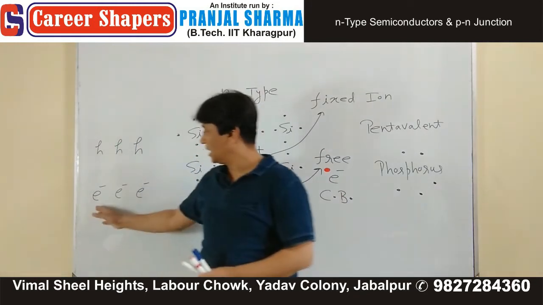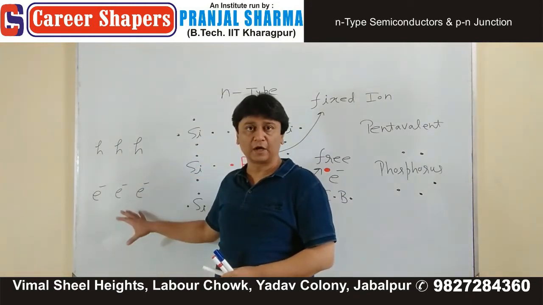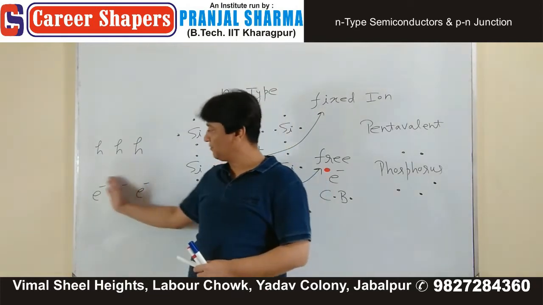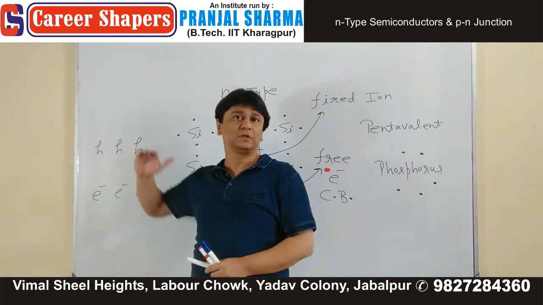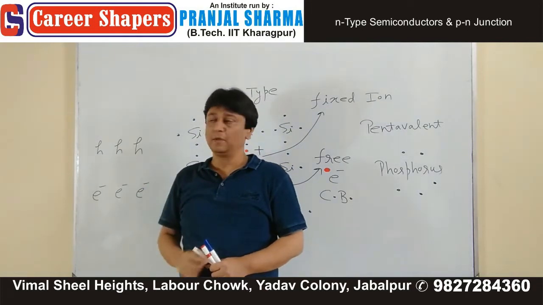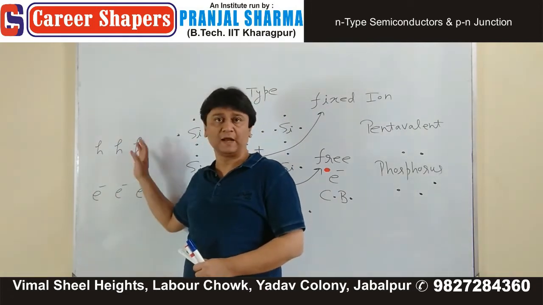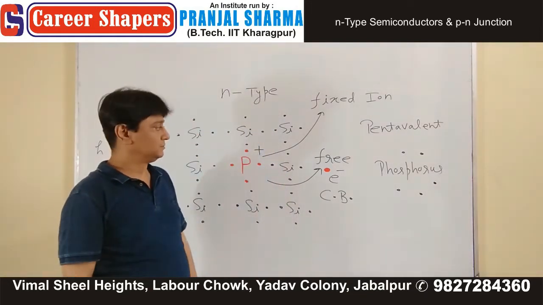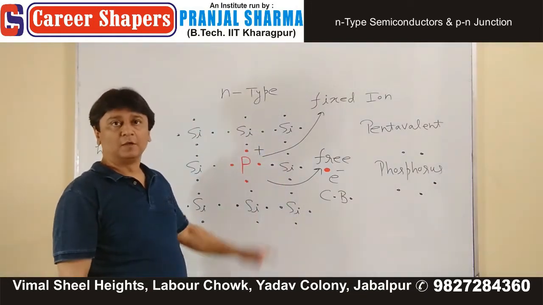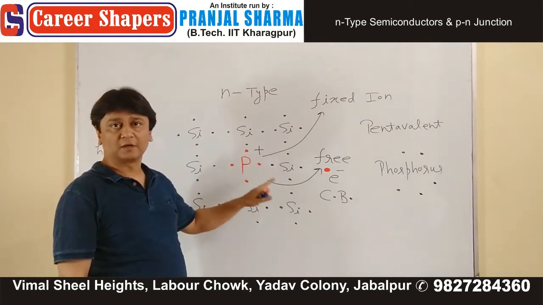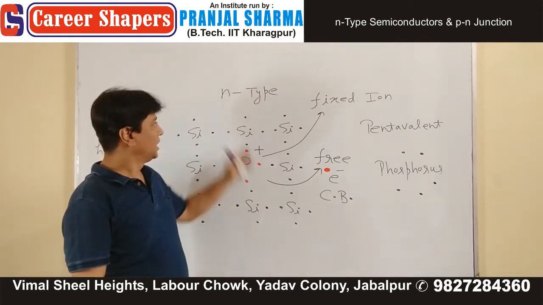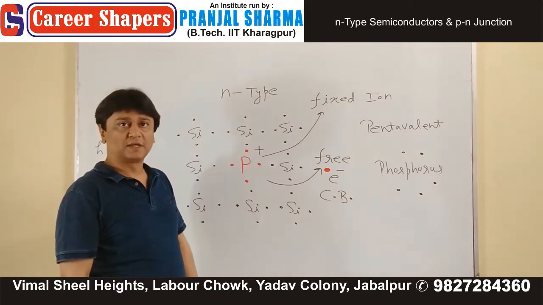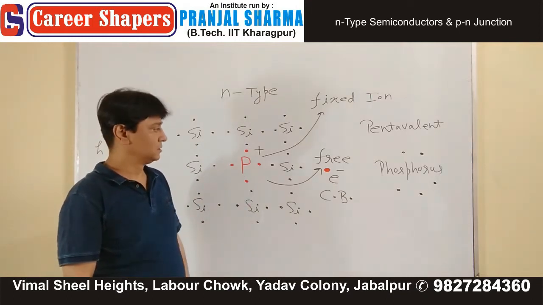All these free electrons, they are already in conduction band, and therefore now number of free electron, this increases. There are more free electrons than holes. Because of this, we say that majority charge carriers are negative, and therefore it is called N-type semiconductor.